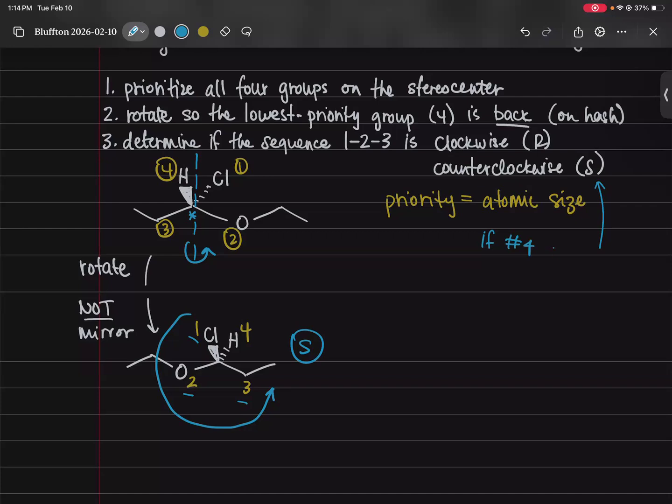If number 4 is on a wedge, then the clockwise versus counterclockwise are backwards. Very convenient, but also potentially easy to mess up.